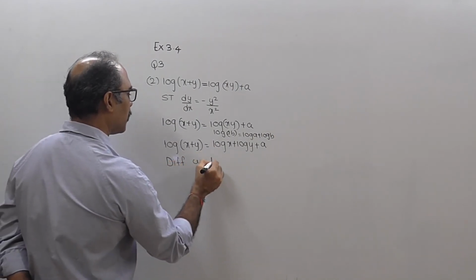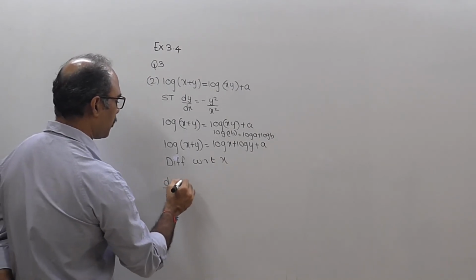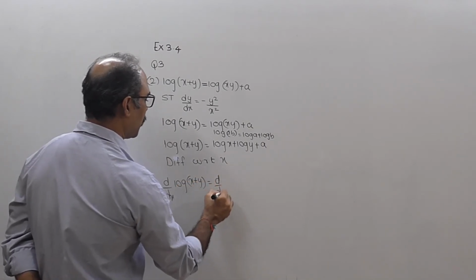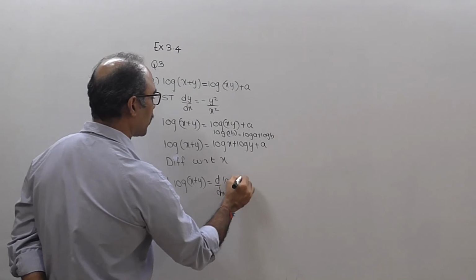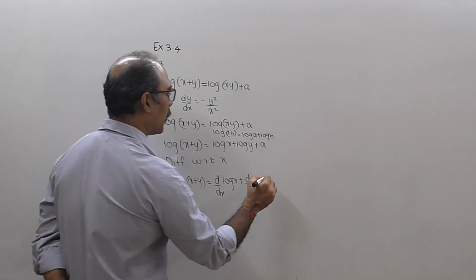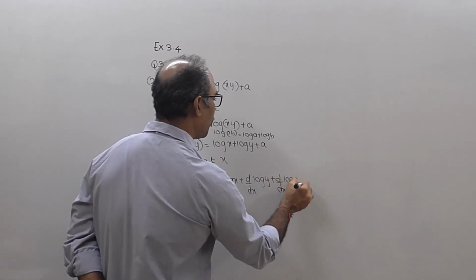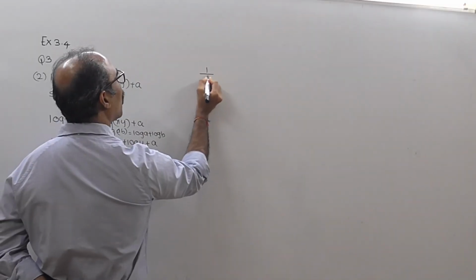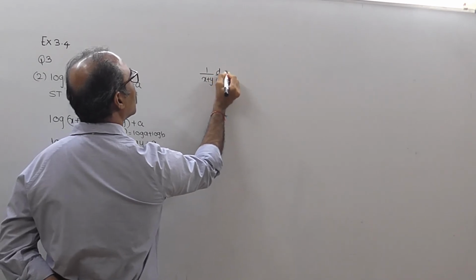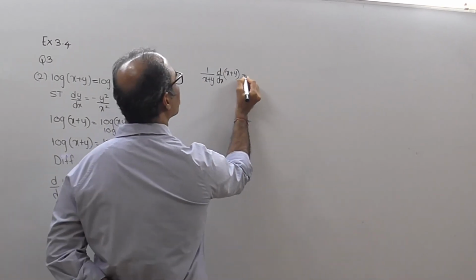Then you can say, differentiate with respect to x. So you have d by dx of log of x plus y equal to d by dx of log x plus d by dx of log y plus d by dx of log a. Derivative of log of x plus y is 1 upon x plus y d by dx of x plus y, because this is in the form of log of f of x.